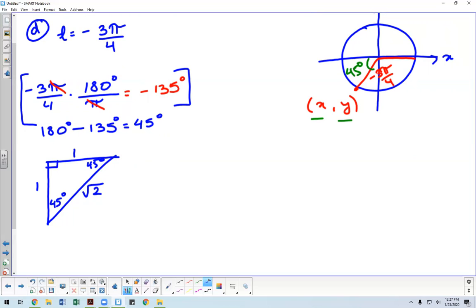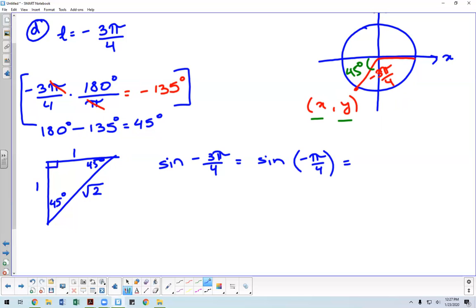So in this case, if we are talking about sine of negative 3 pi over 4 in terms of the reference angle, what would negative 45 degrees be in radians? It would be negative pi over 4. We're talking about sine, and it really doesn't matter which angle you use, you'll get the same thing.